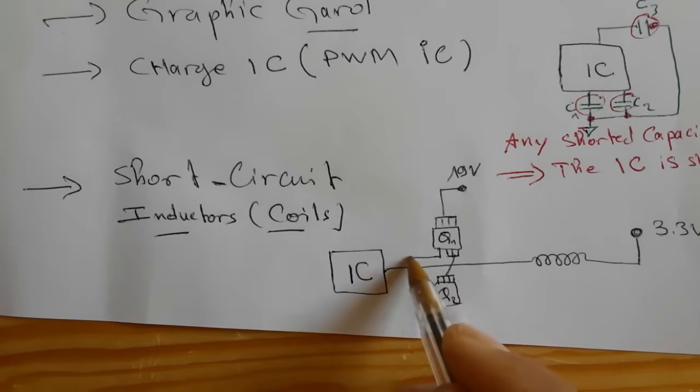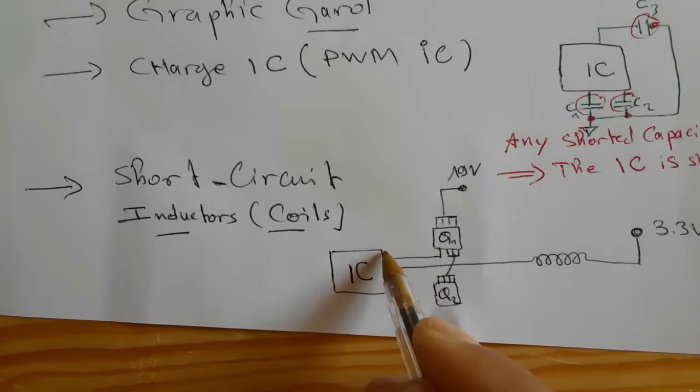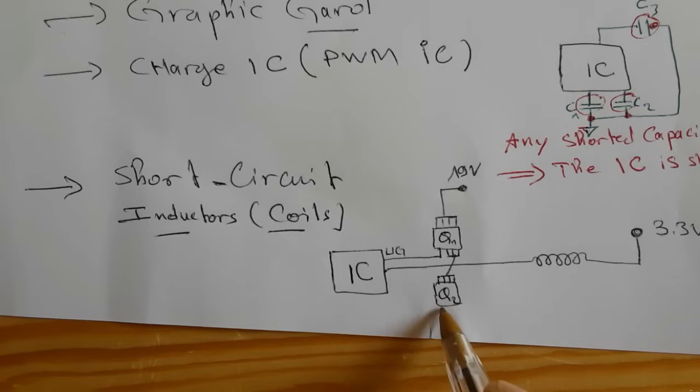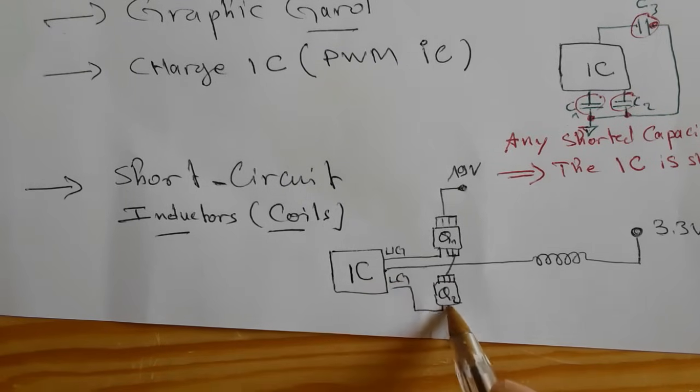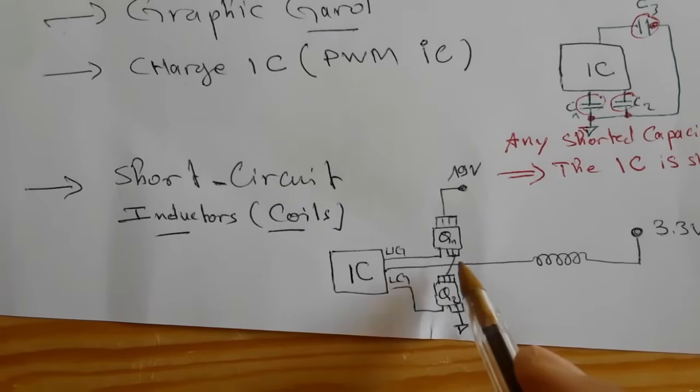Here we have the upper gate connected to the IC; this is the control signal for the first MOSFET. Here we have the lower gate for the lower MOSFET, and here it is connected to the ground.